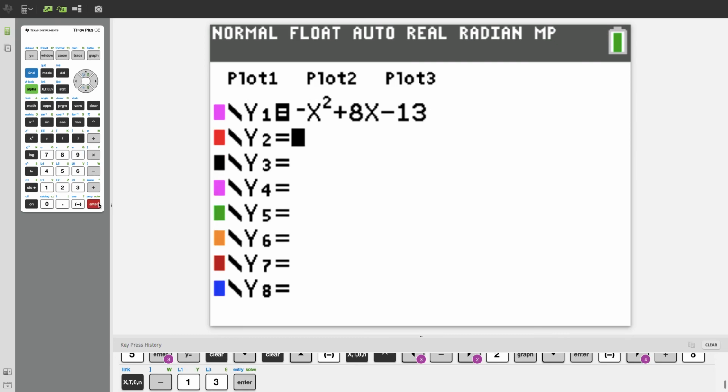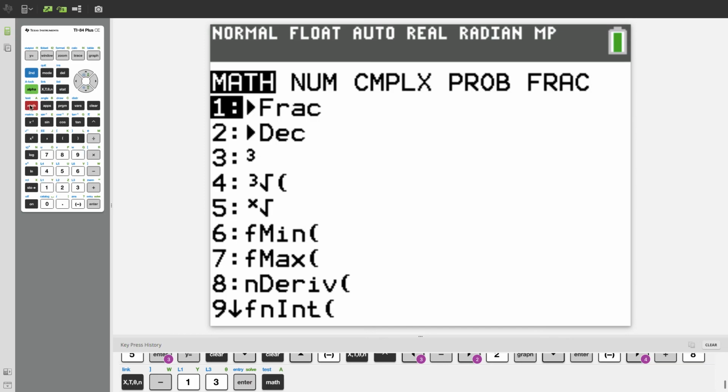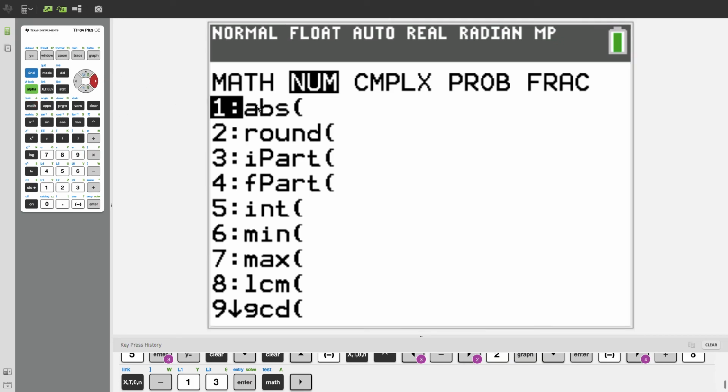Okay, the next equation is the absolute value. Now, when I need a function and I don't know where it is, always go to math. Math is right under alpha. It goes second, alpha, math. And there's fraction, decimal, cube root, cubes, all that. Go over to number. ABS is absolute value. Math, number, absolute value.